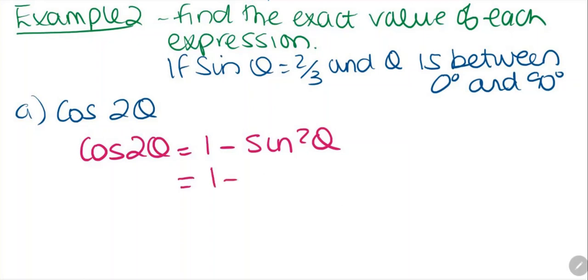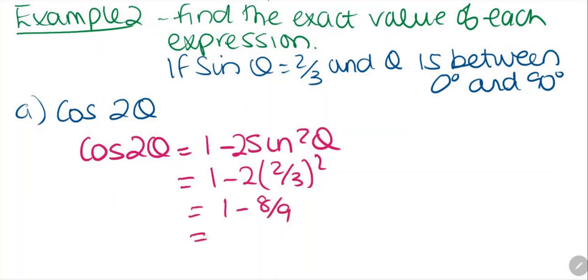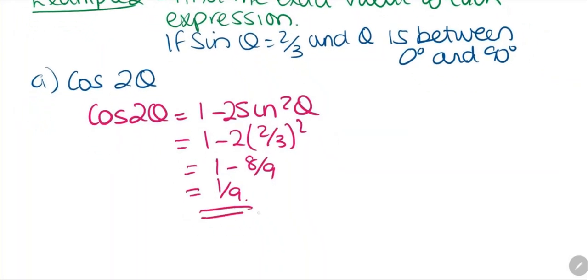So 1 minus 2, and we know that sine is 2/3, and we need to square. So we're going to have 1 minus, if we multiply this out, 2 squared is 4, and times 2, that's 8, so that's 8/9. So cosine of 2 theta is going to be 1/9.